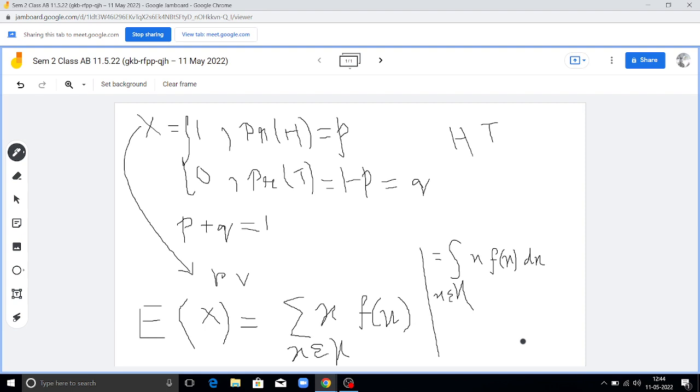So all possible values in the range 4 to 6 it can take, and therefore if capital X is the height of a student of semester 2 of mathematics honors of AJC Bose College, then capital X will be a continuous random variable, and expectation of capital X will take up the integration formula. Understood, I hope.